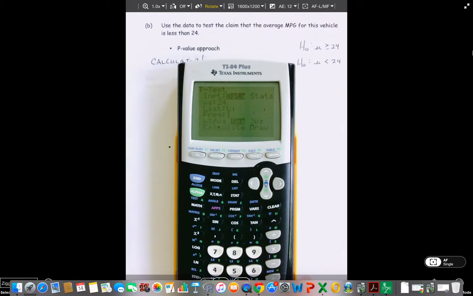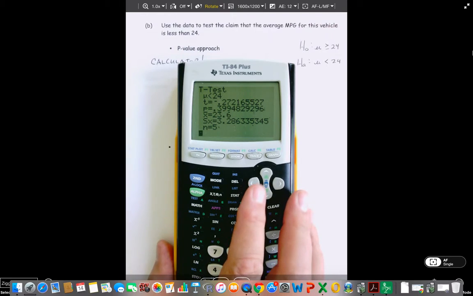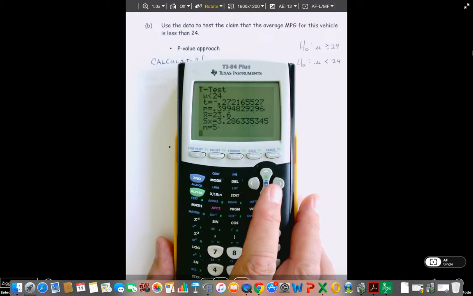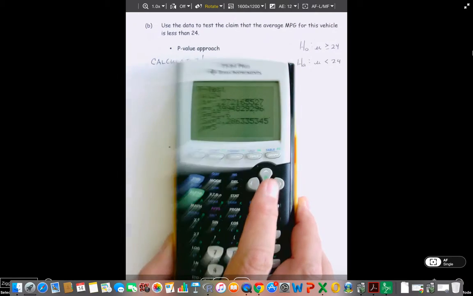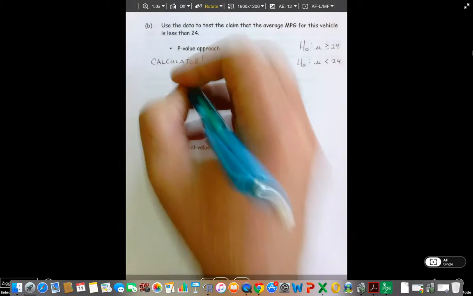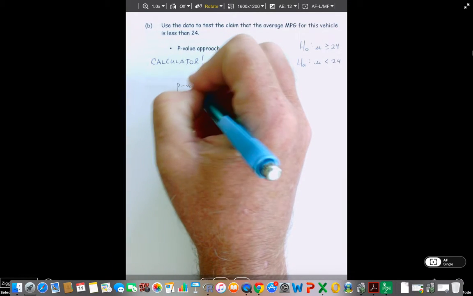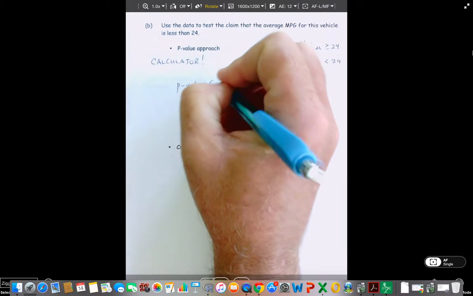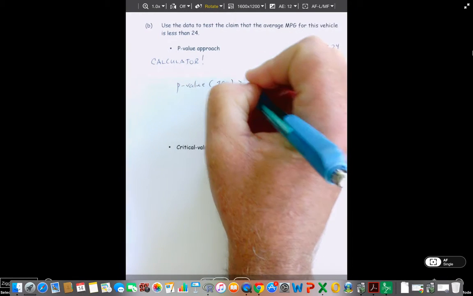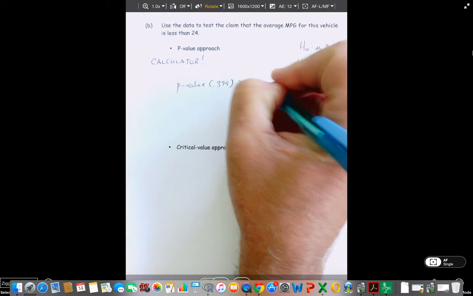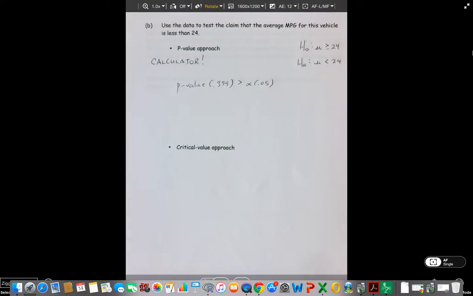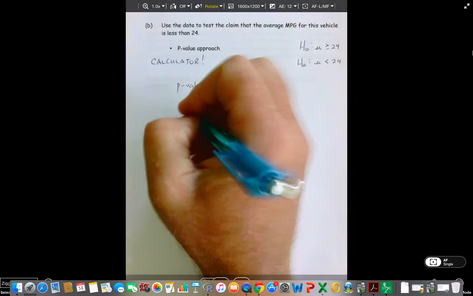You'll see that the test statistic stayed the same, but your p-value changed. Your p-value is now 0.399, but it doesn't change the results. It's still bigger than our 0.05.